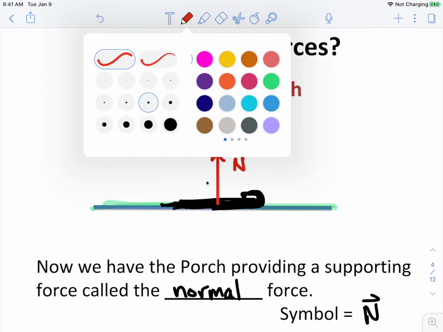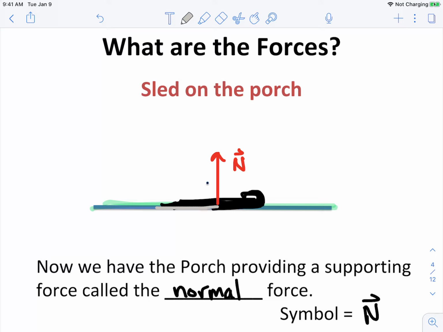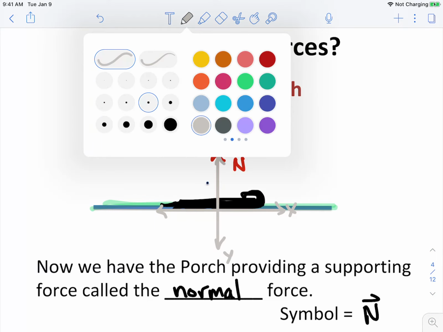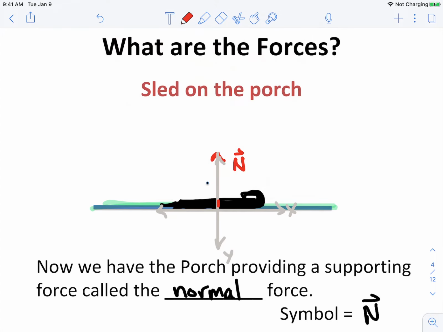Which direction is it pushing on the object? That's a good question. If you were to draw the surface as your x-axis, then the normal force would go along with your y-axis. So if this is x and this is y, then your normal force would go with the y-axis, and we would say that it is perpendicular to the surface.